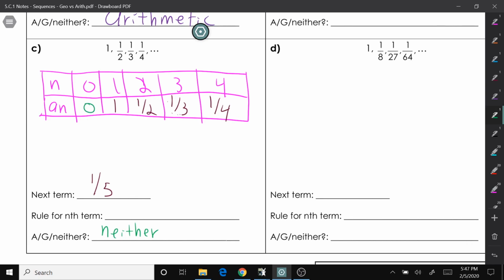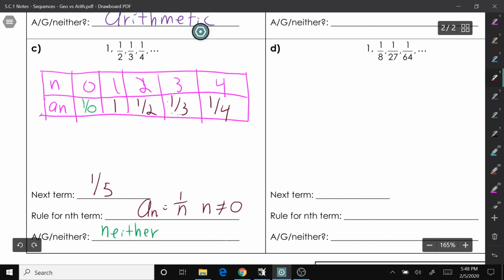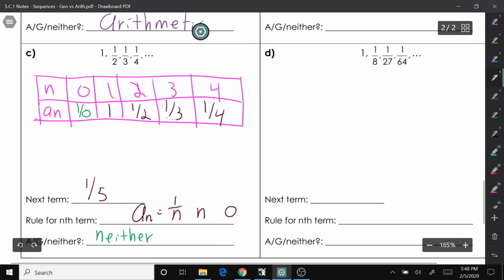Well, you can't do 1 over 0. That's undefined. So our rule will be a(n) equals 1 over n, but n cannot equal 0, because that would give us an undefined answer.